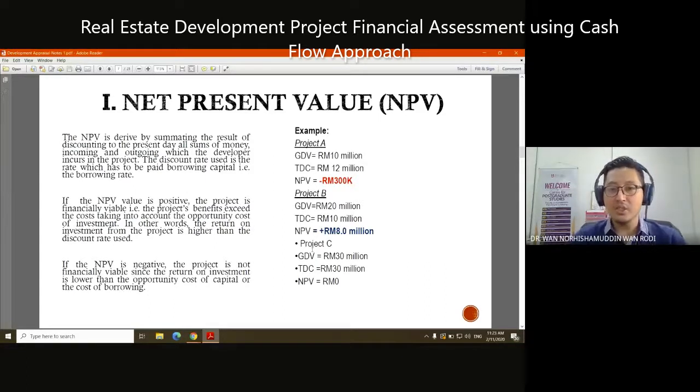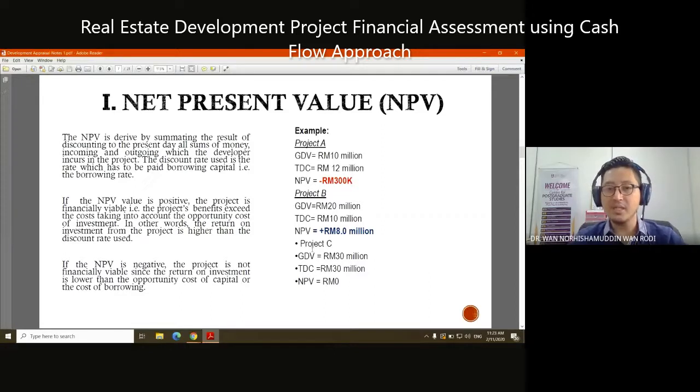Okay, let us look into project B. The GDV is RM 20 million, while the TDC is 10 million. When we calculate the net present value, it will derive at 8 million. So a positive NPV of 8 million is considered a very good project because it produced a positive NPV.